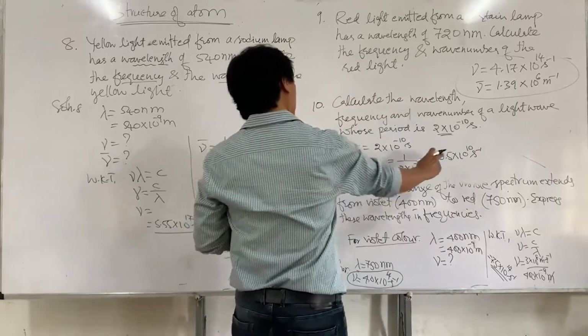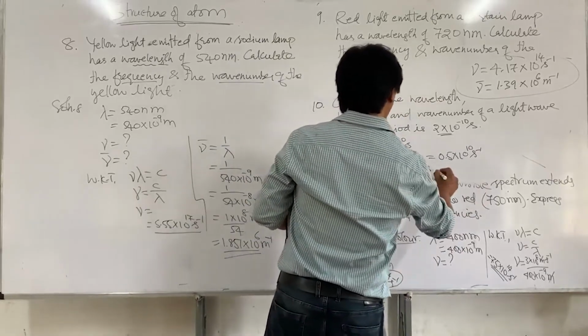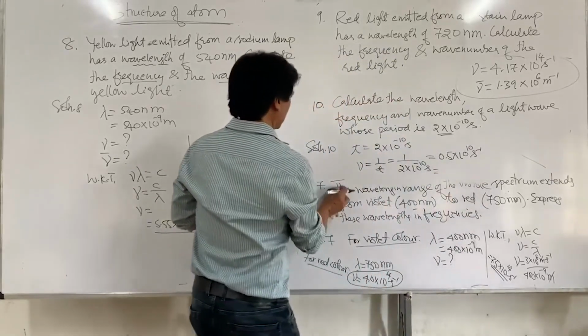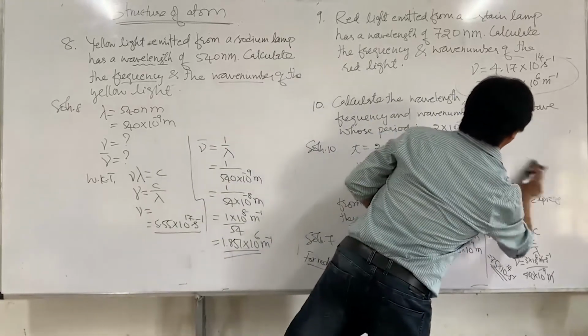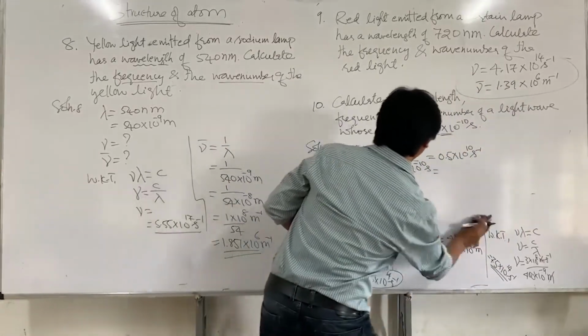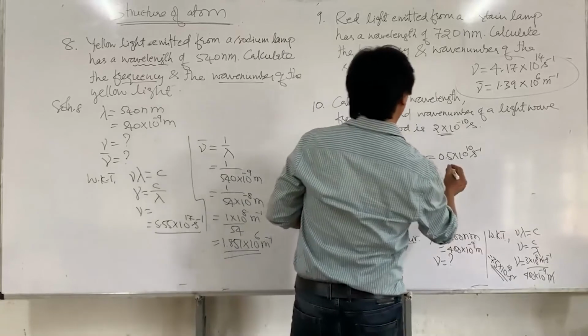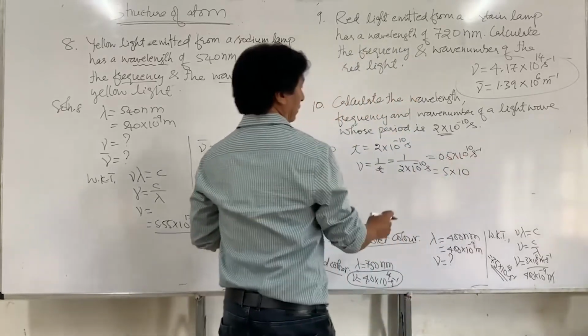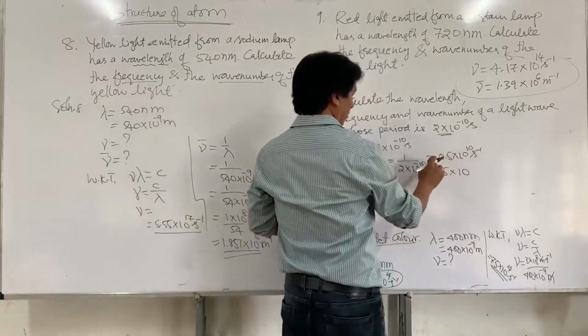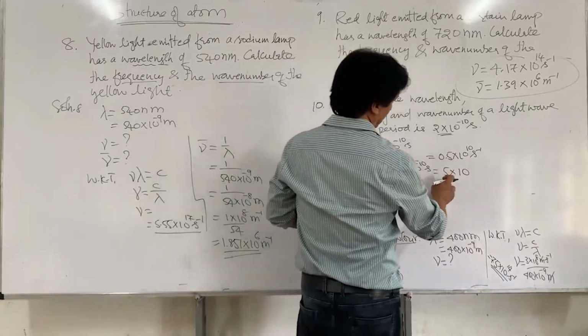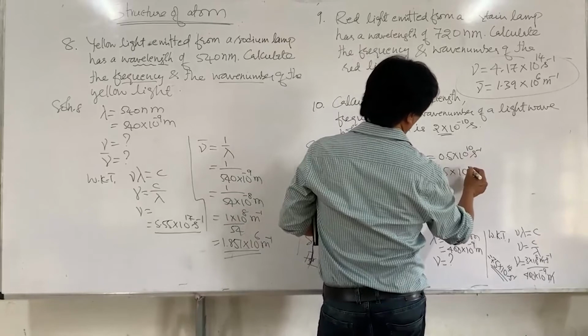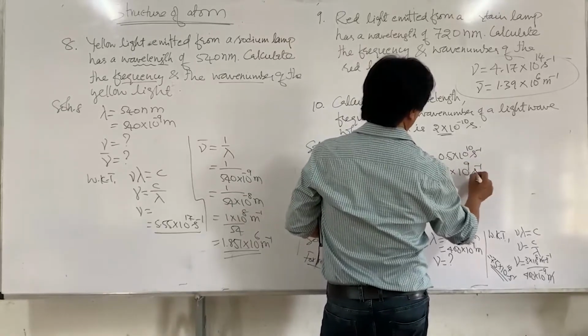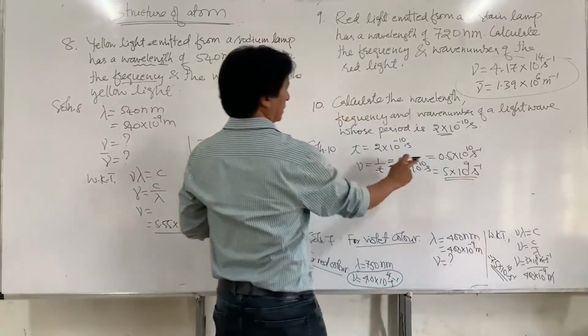In scientific notation form, it becomes 5 into 10 raised to the power 9 per second. This is the frequency.